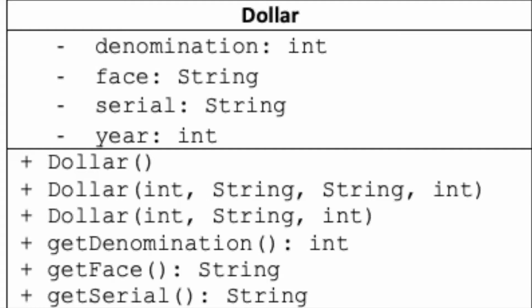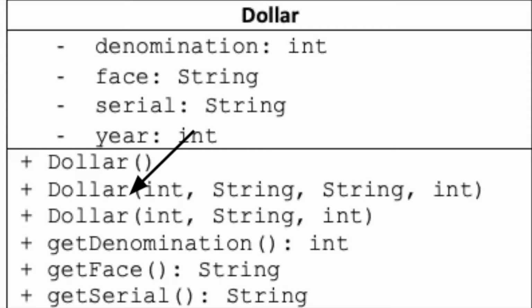The very first three provide flexibility for Dollar. We have Dollar open close, that's called the default constructor, followed by two customized constructors. The customized constructor number one is the one that takes a parameter for each of the fields that you have: int, string, string, and int.